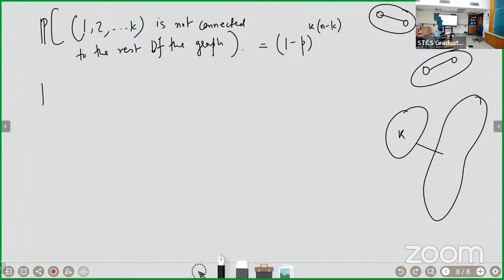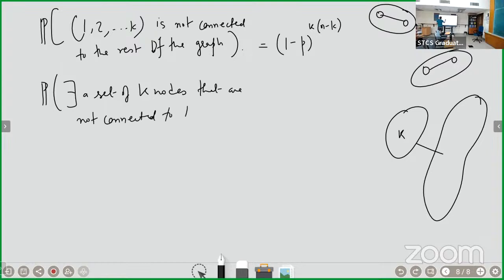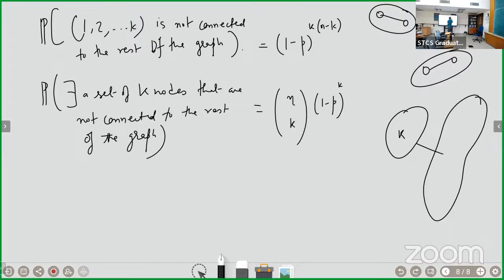So the probability that there exists a set of k nodes that are not connected to the rest of the graph is simply... now tell me, how do I control the probability?